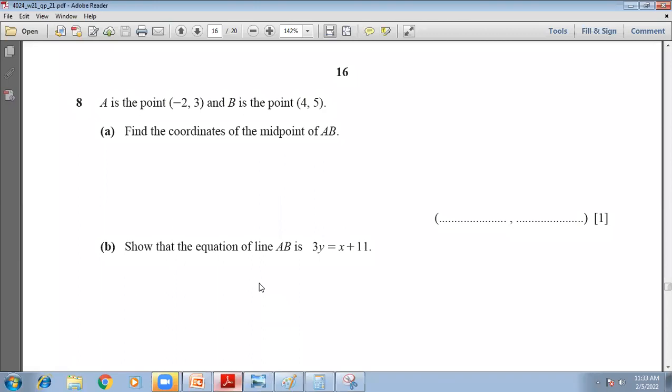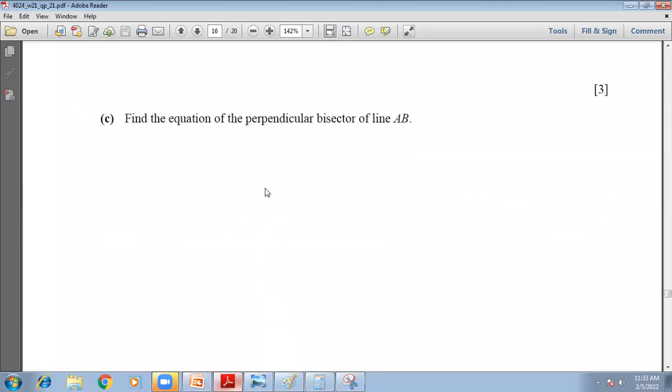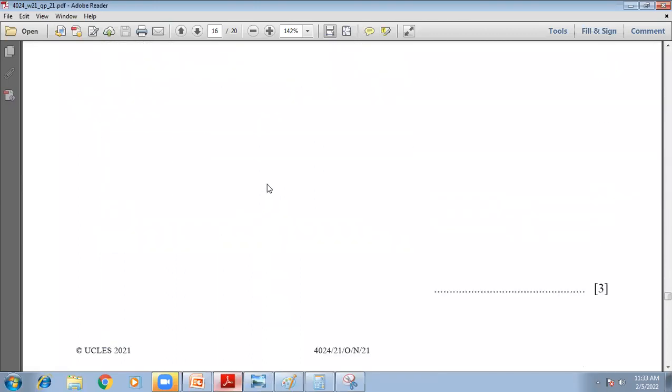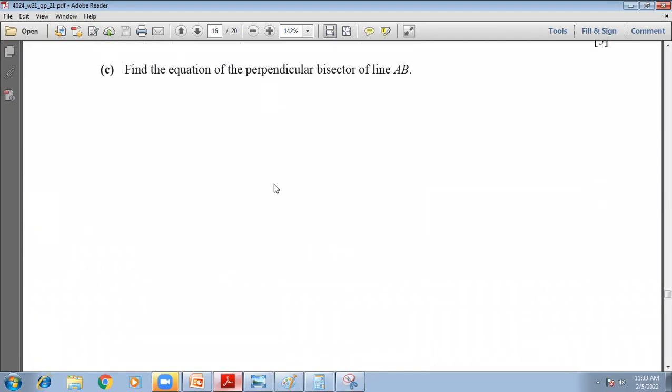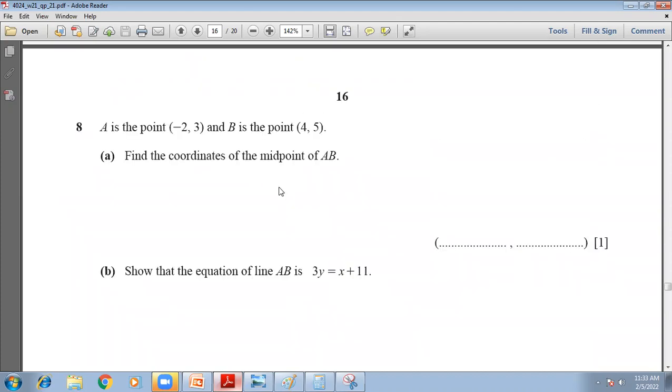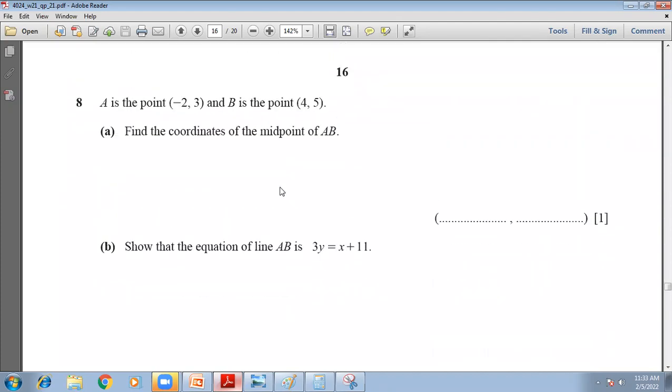Okay, so that was question number 8, and its B part. Now we are on the C part. Find the equation of the perpendicular bisector of the line AB. You see the strategy is simple.